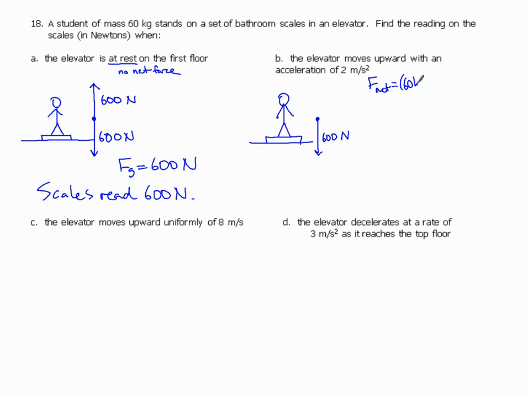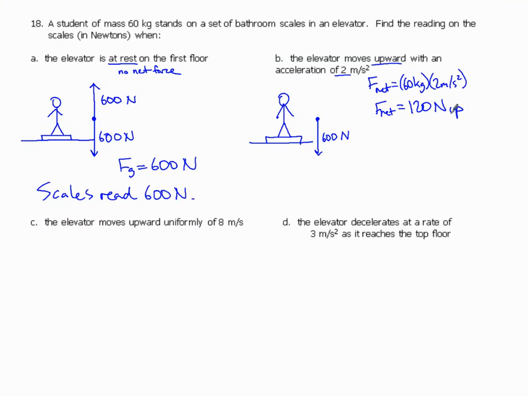The student's mass is 60 kilograms. The acceleration is 2 meters per second squared, which tells us that the net force is 120 newtons. Remember, it's a vector, and this is 120 newtons up because the acceleration is up.